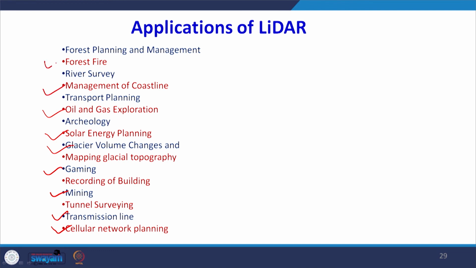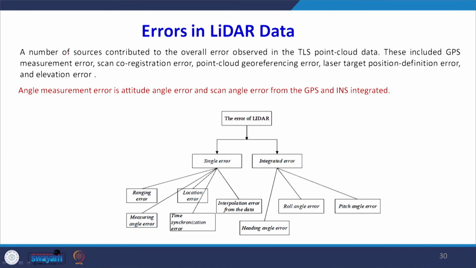Forest fire, for example, is a big problem in hilly regions. These are some of the applications where LiDAR based technology has found very good use, because the kind of data and information we can get from these devices is not possible by any other means.